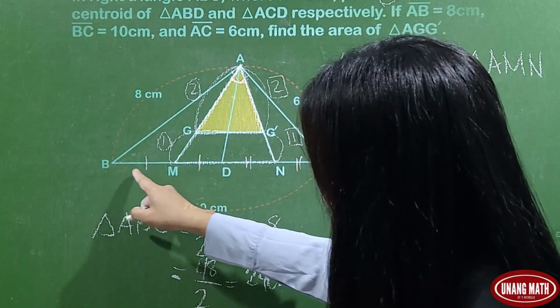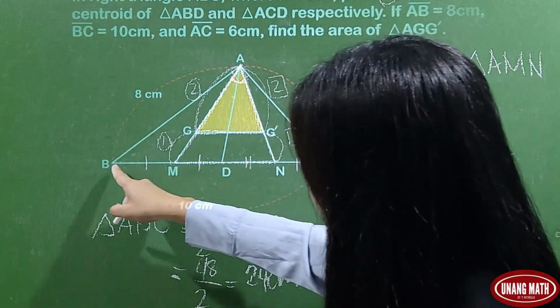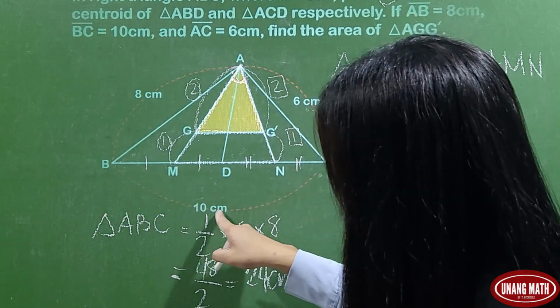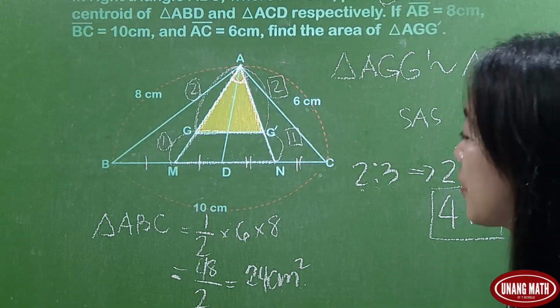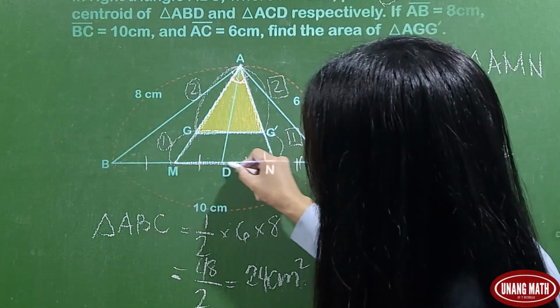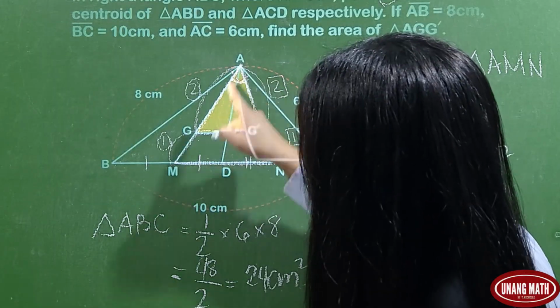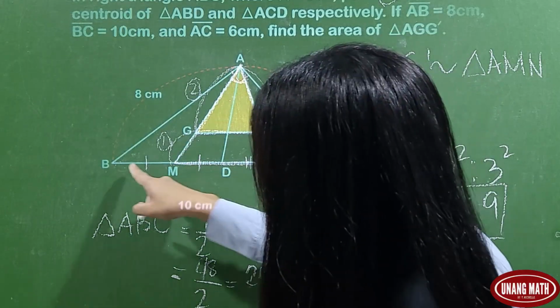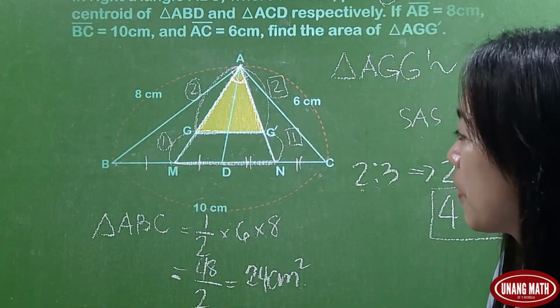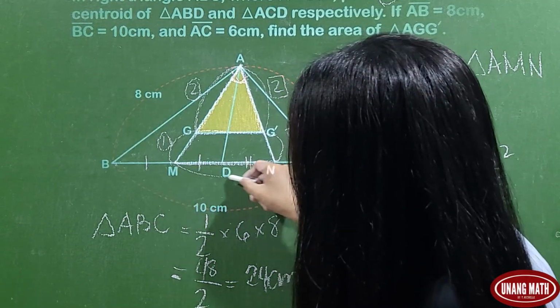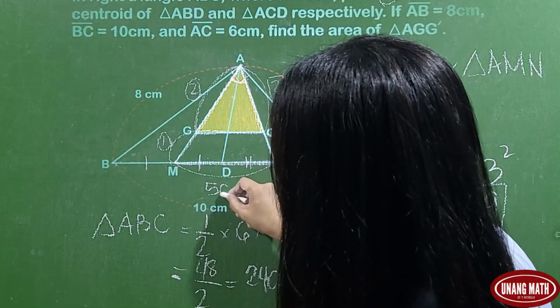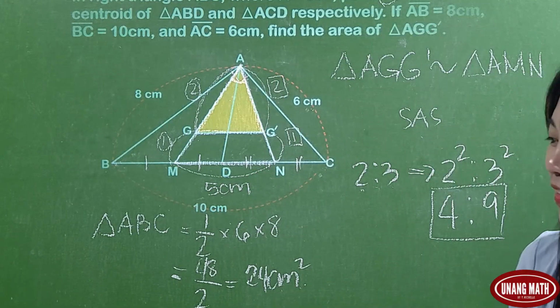Now, segment BC is 10 centimeters. The length of MN in this triangle AMN is half of this 10 centimeters, so this is 5 centimeters.